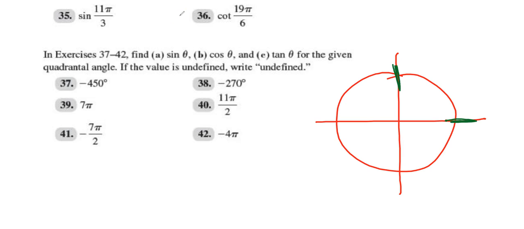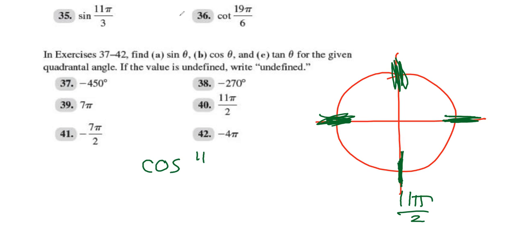0, 1 pi over 2, 2 pi over 2, 3 pi over 2, 4, 5, 6, 7, 8, 9, 10, 11. So we're at the bottom. That's 11 pi over 2. What is the cosine at that spot?